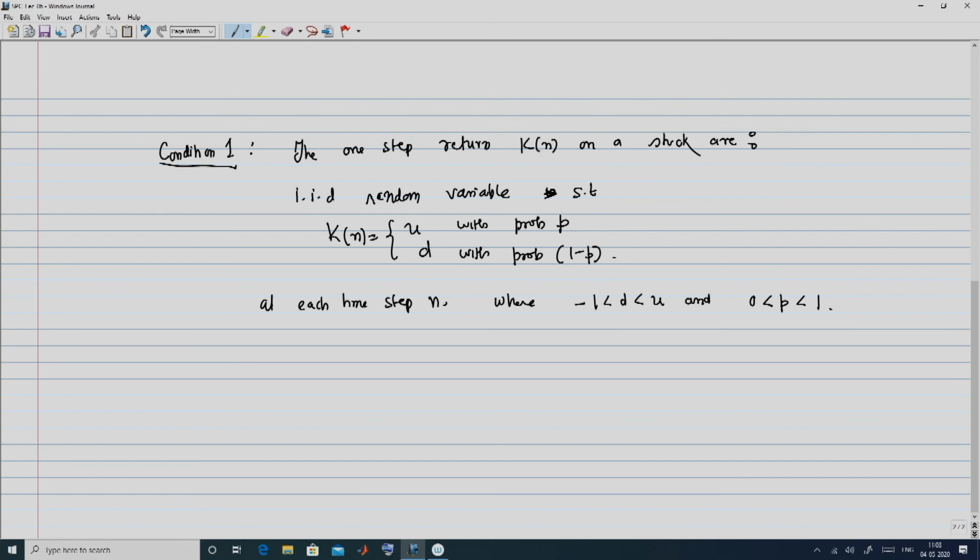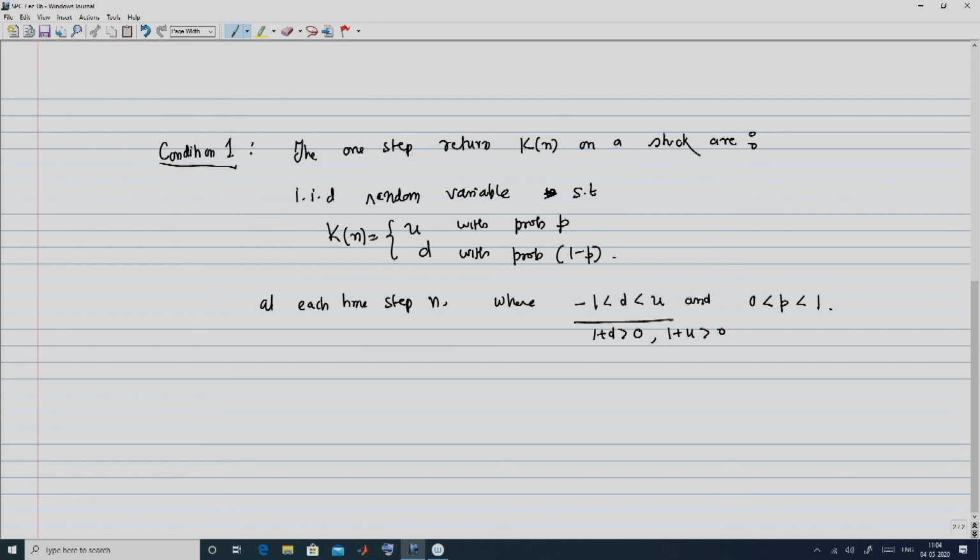So, we take the condition minus 1 less than d less than u, the reason being that I want first of all that 1 plus d should be greater than 0, and also then I need obviously 1 plus u greater than 0, so that the stock price at the next time point, when it is obtained by either multiplying by 1 plus u or 1 plus d, will still end up giving you the price of the stock to be positive. And I need 0 strictly less than p less than 1.